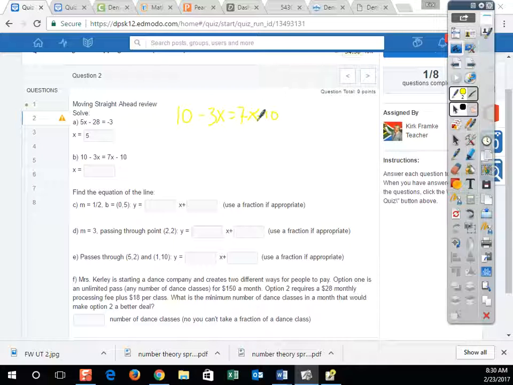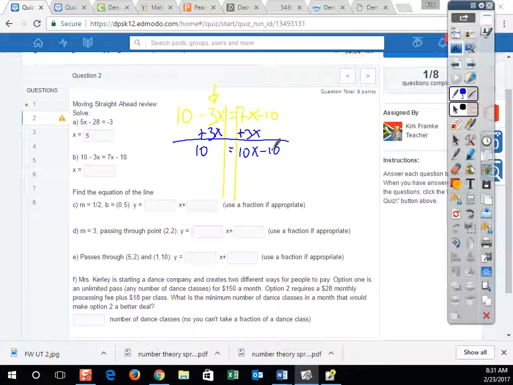though. Not many things. All right, so what are we going to do to move this negative 3x? What is the best strategy? I want another color. That blue. Okay. Ava? Let's add 3x. And so I end up with 10 on the left side is equal to 10x minus 10.